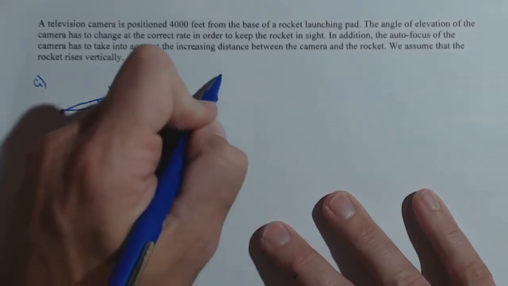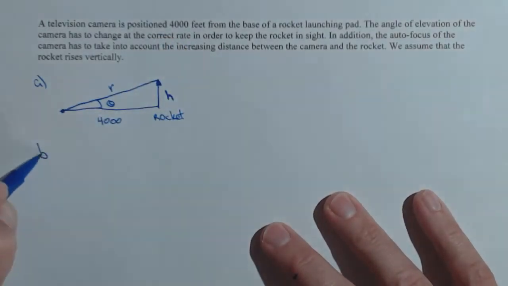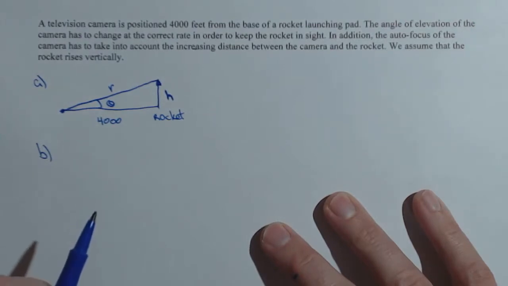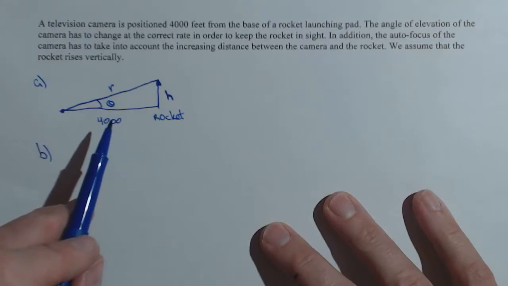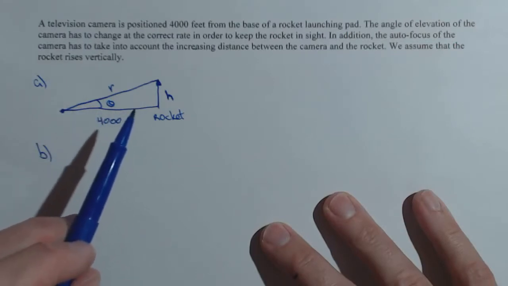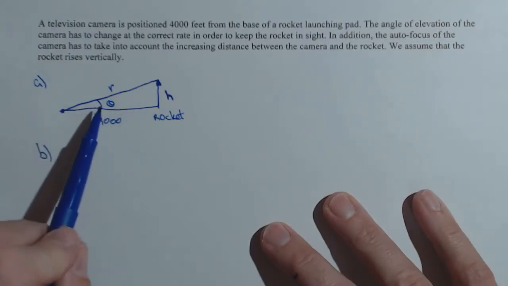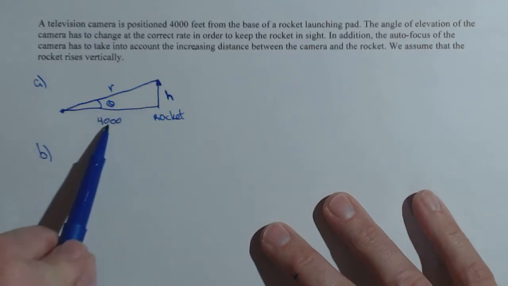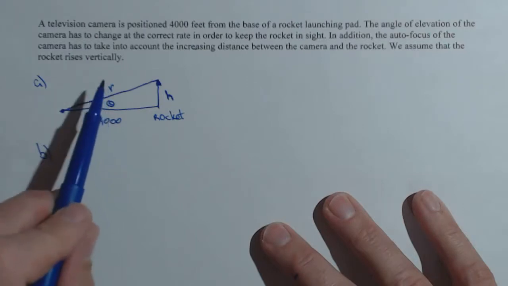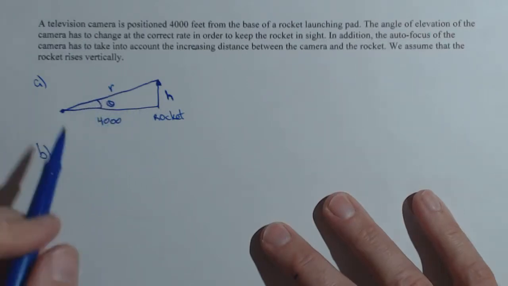In part B, what we're going to do is come up with a relationship between the angle of elevation of the rocket, and the height of the rocket. Now if we look here, h is the opposite side, and we'll want to use 4,000 because it's static. We don't want to deal with more variables than we need to.